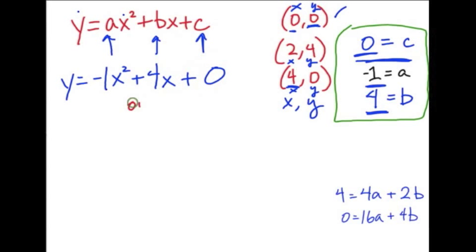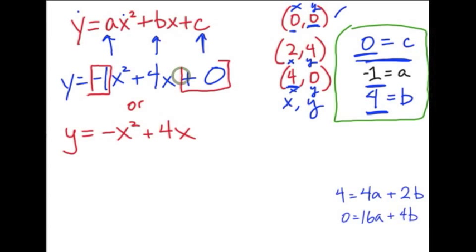And this would be the way it would be written correctly. The reason is, we don't have to write this 1, we just put a negative sign. And we don't have to write the plus 0. So there's our equation. y equals negative x squared plus 4x.